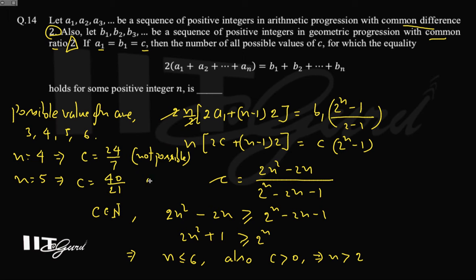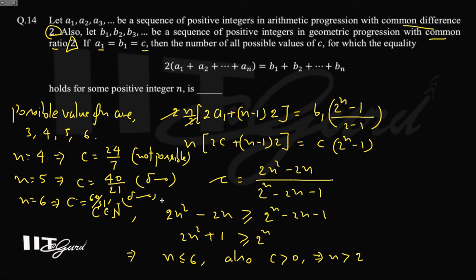So this is also not possible. And for n equal to 6, let's test. What will be the value of C when you substitute 6 here? That will be 60 by 51, and this is also not possible.